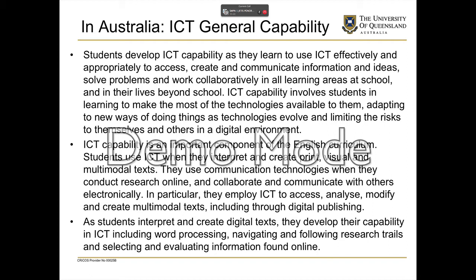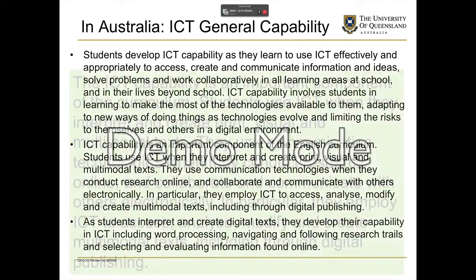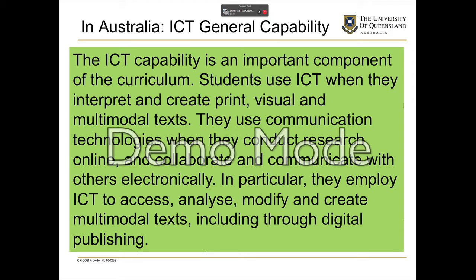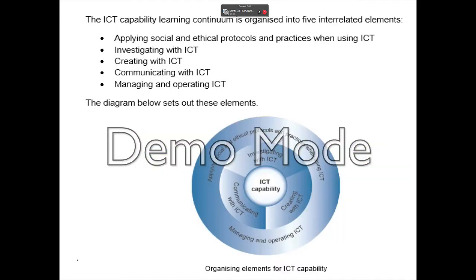So that's why I thought it was quite powerful to share them, because everyone's has a lot of value. So there's 5 interrelated elements, and you can see from the diagram that in the center there's the ICT capability, but then what we have is investigating with ICT, communicating with ICT, and creating with ICT. And that was really coming through in that text that I showed you before. And then we have managing and operating ICT, as well as applying social and ethical protocol and practices using ICT.